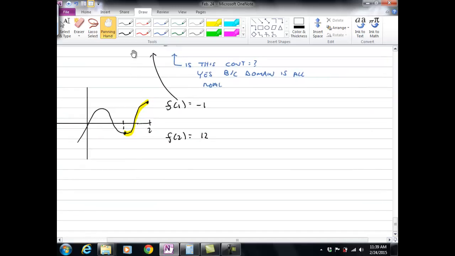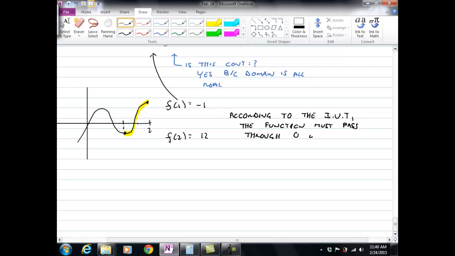I'm going to say this. According to the intermediate value theorem, the IVT, the function must pass through 0 when it goes from negative 1 to 12.